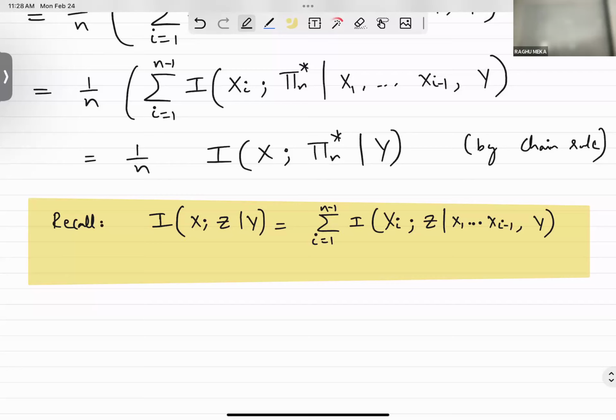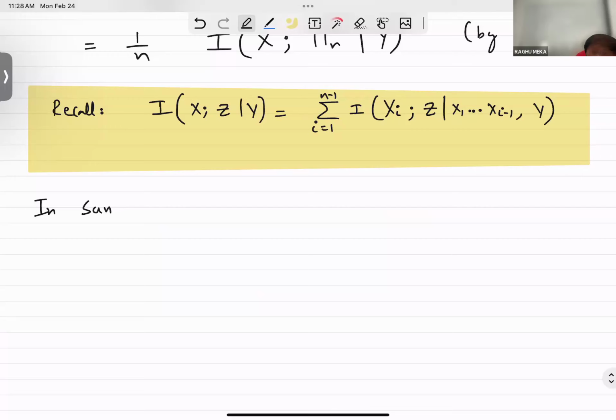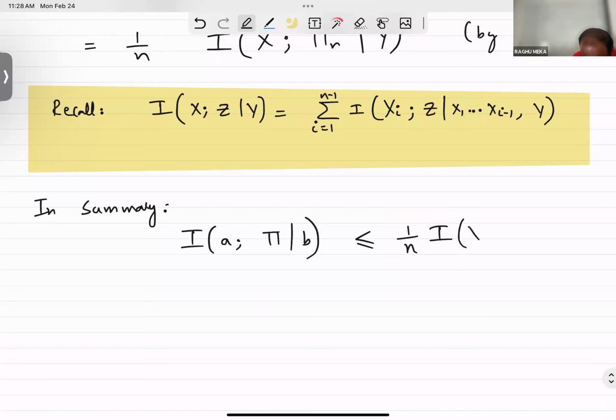And this is good now because this mutual information between x and pi n star conditioned on y is a term that shows up in the information cost of pi n star. Right? Okay. So what did we learn from this? In summary, we build this crazy protocol, and the amount of information that Bob learned from this protocol was at most this quantity.